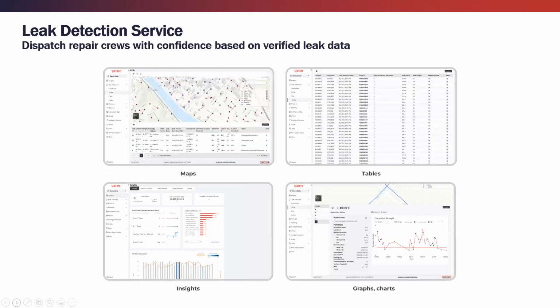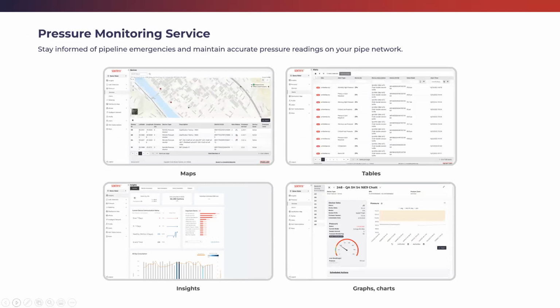Your leak detection service modules have a lot of the same features with maps, tables, insights, and graphs, as well as the pressure monitoring service. So we've done our best to have the same level of granularity and ease of use for all of our product lines, so that whether you've been in the metering space for a bit and you just now purchased some new pressure products from Mueller, it will not be like rocket science to learn a new module or a new product line.